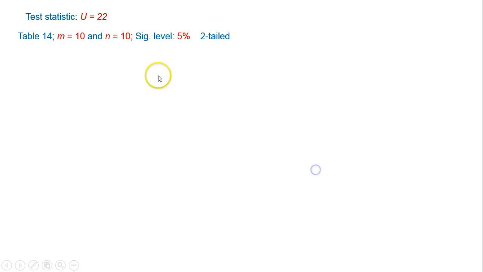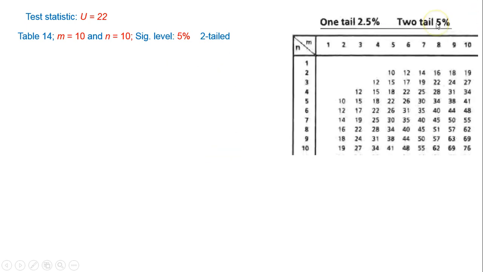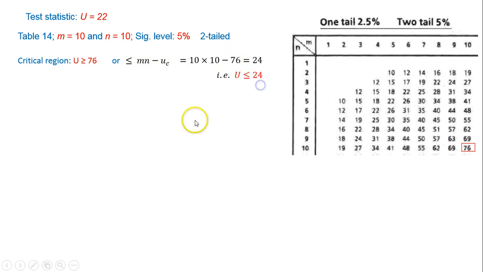Comparing that, table 14, M and N are both 10. Significance level is 5%. It's two-tailed. So two-tailed 5%, 10 and 10, so our critical value is greater than or equal to 76. Or the lower one, which is 10 times 10 minus 76, which is 24.